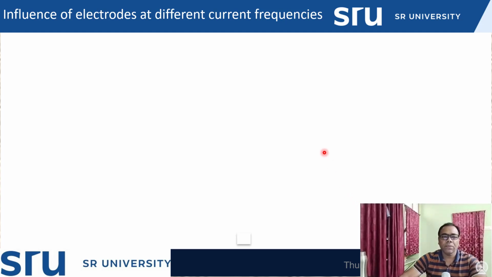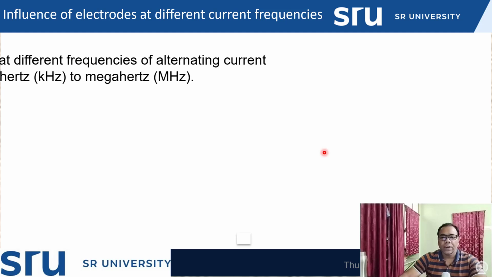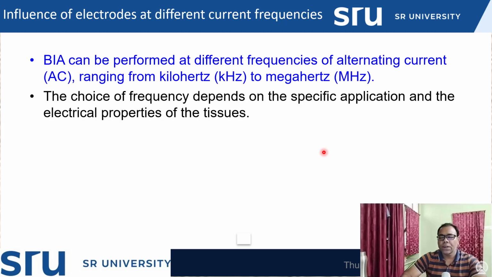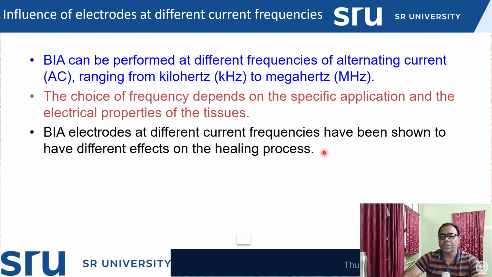Then what are the factors that will influence different frequencies? We will be discussing the current frequencies. Here, BI can be performed at different frequencies of the alternating current or AC current, ranging from kilohertz to megahertz. The choice of the frequency depends upon the specific application and the electrical properties of the tissues.